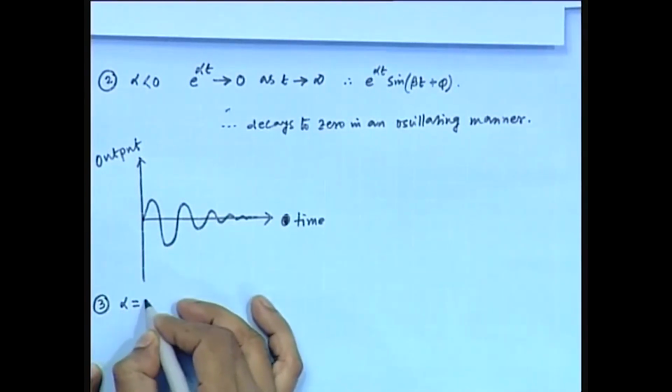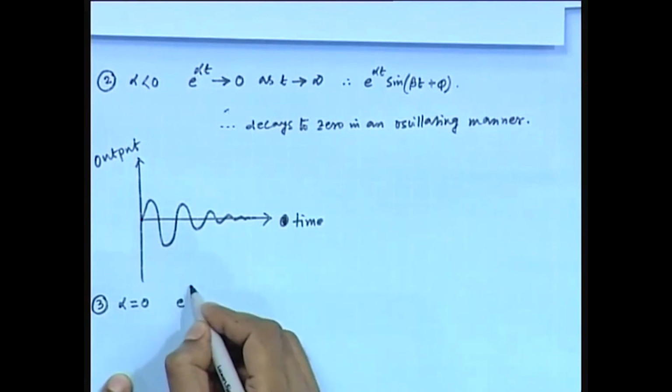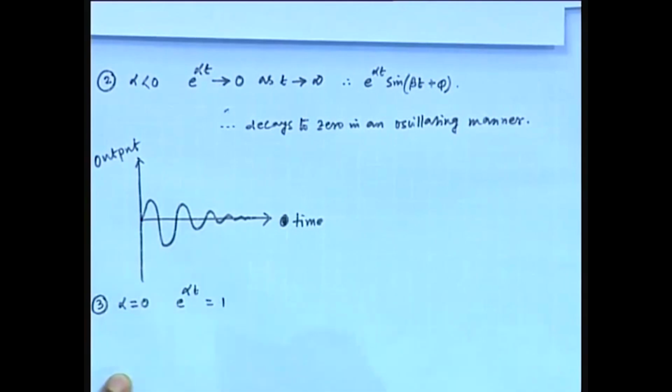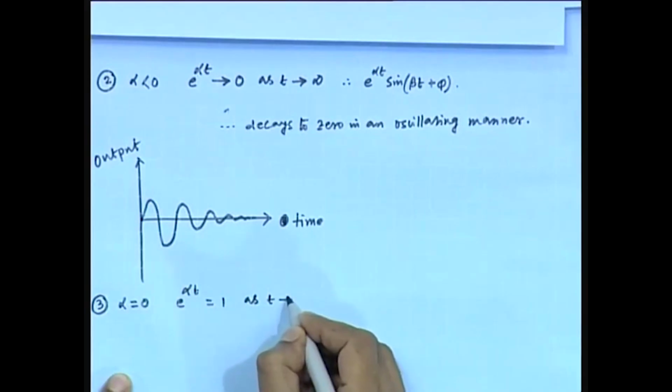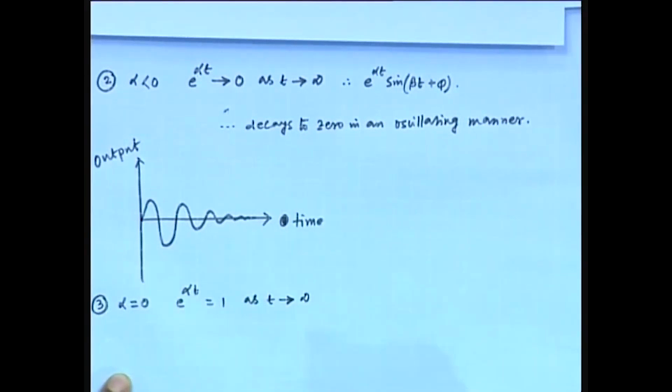And next we will consider alpha equal to 0. If alpha equal to 0, then e to the exponential of alpha t equals 1 as time tends to infinity.